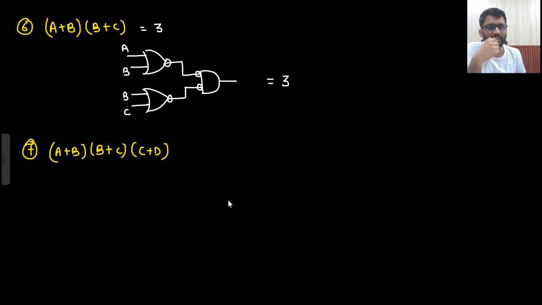Let's check. This one will take 6 as far as I think. This will take 6. A plus B, because this is the form I want, so I will not change it. There is nothing common or anything like that, so directly I will keep this form only.